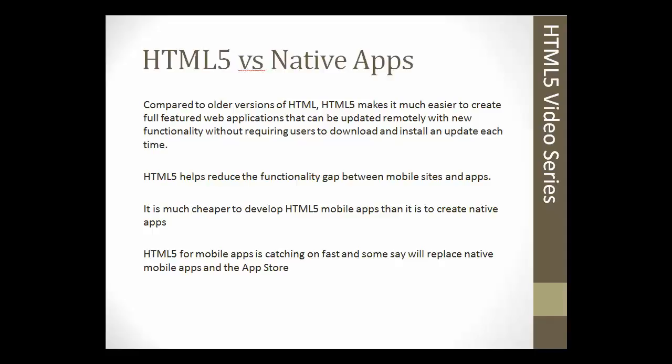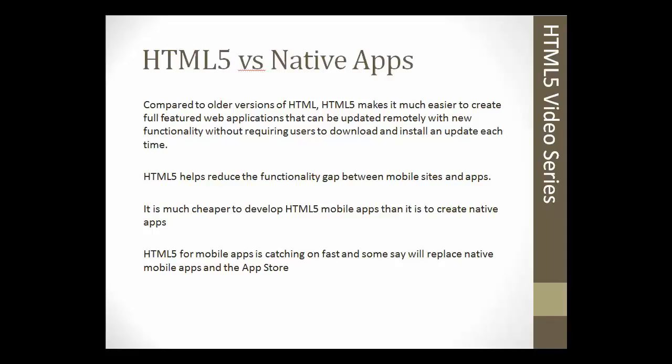One of the reasons is that for a developer to develop a native app, say an iOS iPhone app, they would need to know Objective-C programming, and for Android they need to know Java, and Windows Phone, I think, is C#. So those developers cost a lot more than an HTML JavaScript web developer.